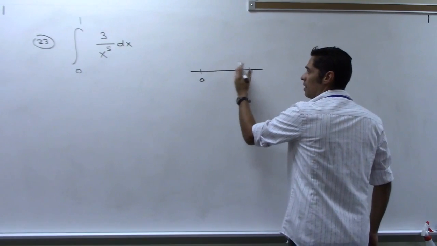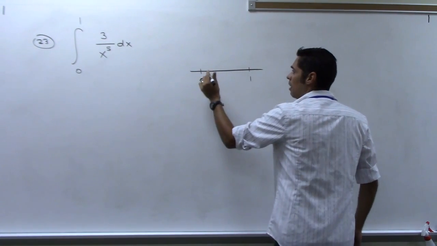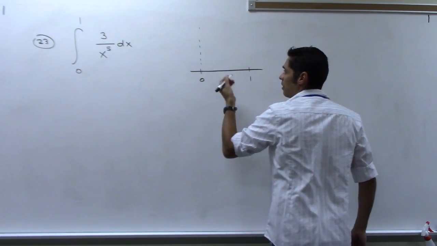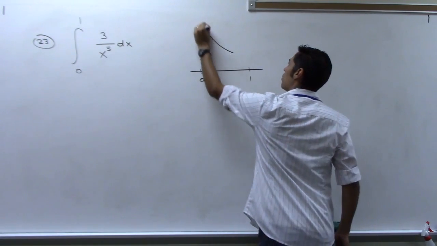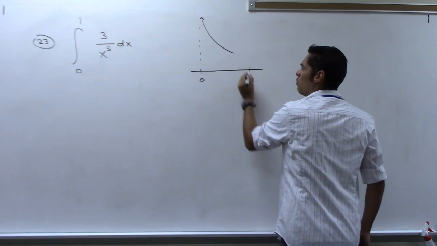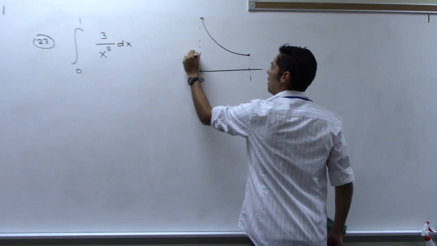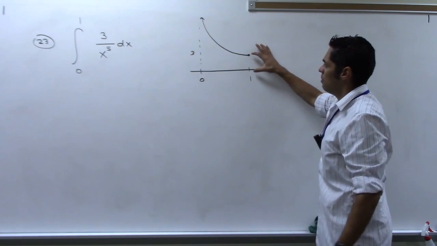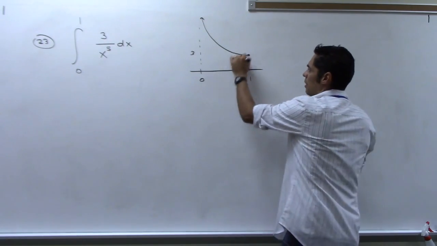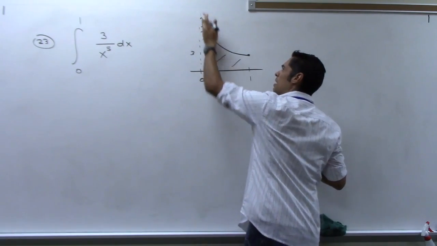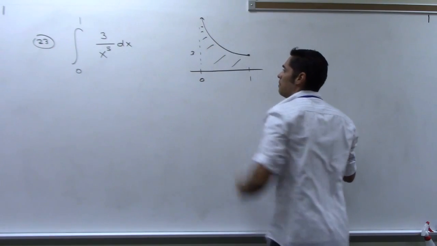I'm trying to find the area underneath the curve here, but at 0 I know I have some sort of asymptote, so my function probably takes off to infinity. Let's see, at 1 it just comes over here. I think at 1 it's at 3. That's how high it is. So I'm trying to find the area under here, but we have this infinite region up here.